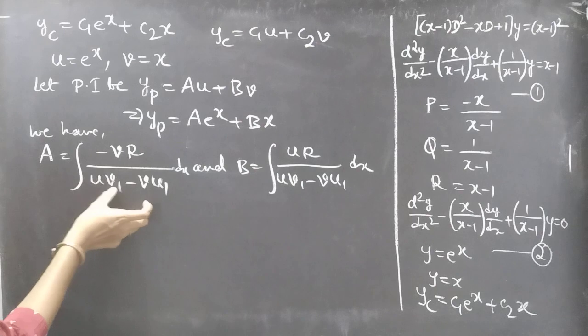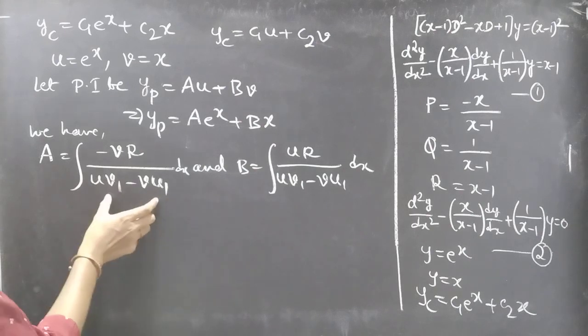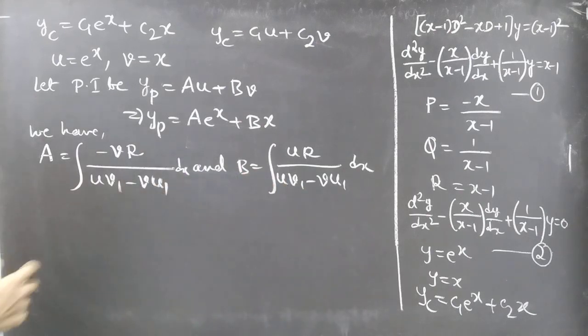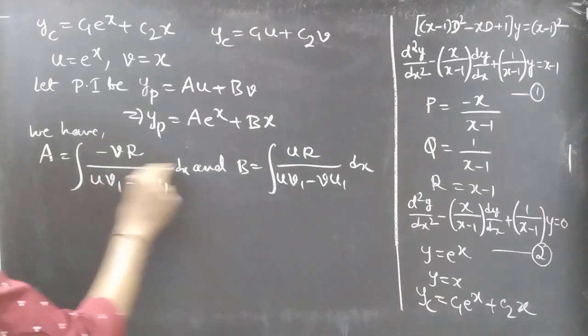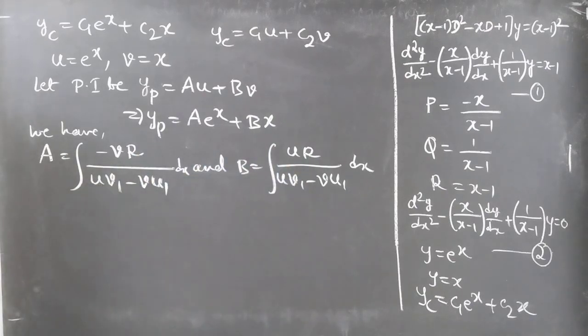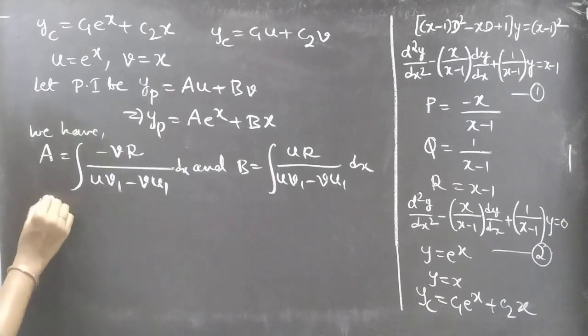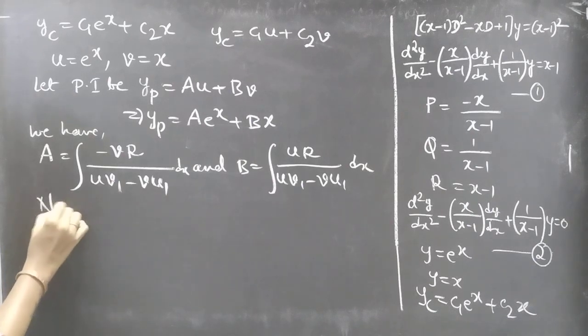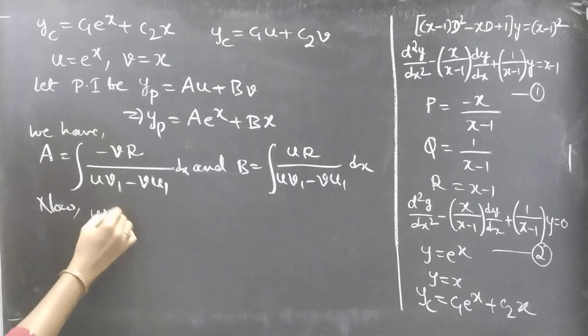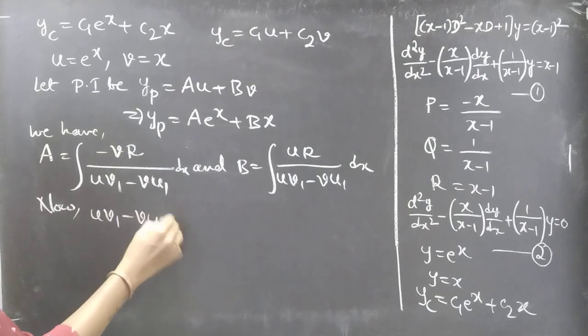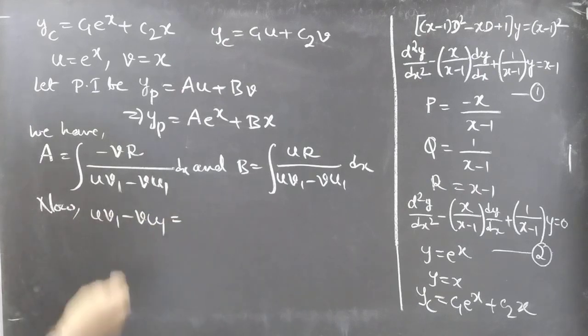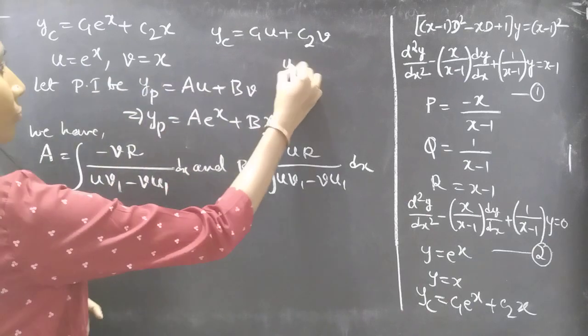Firstly we'll find uv1 minus vu1 because it exists in the denominator of both formulas. So remember that the denominator must be non-zero. Let's now find uv1 minus vu1. We have u equal to e power x.